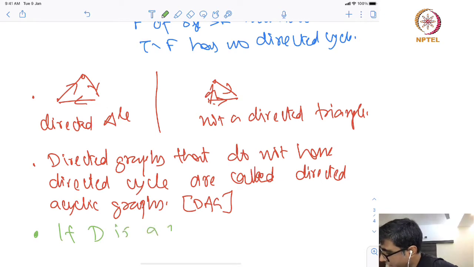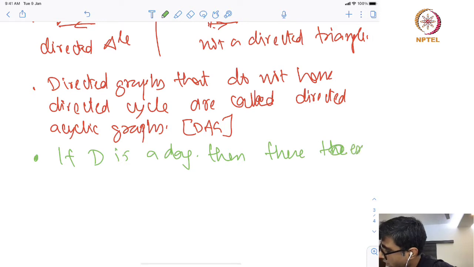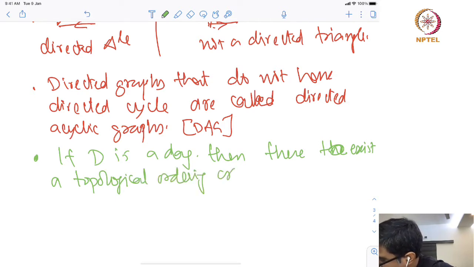If D is a DAG, then there exists a topological ordering of the vertex set of D such that, so what is a topological ordering?